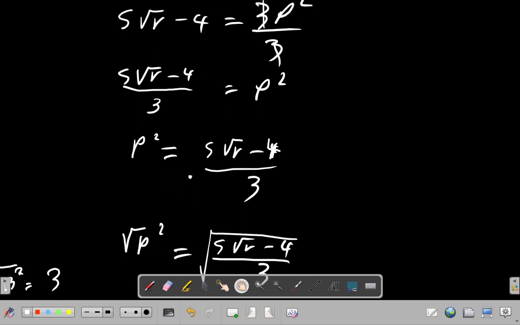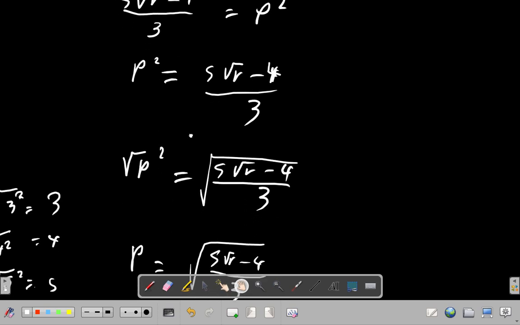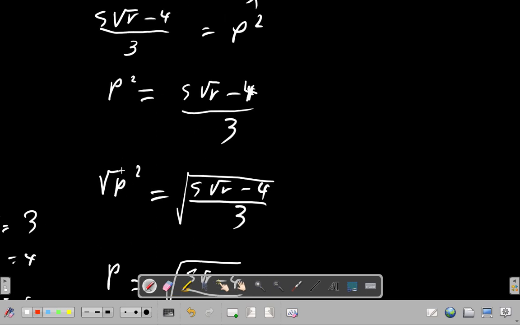You finally get rid of the square, and you do that by finding the square root. Alright? So it's the square root of all of that.